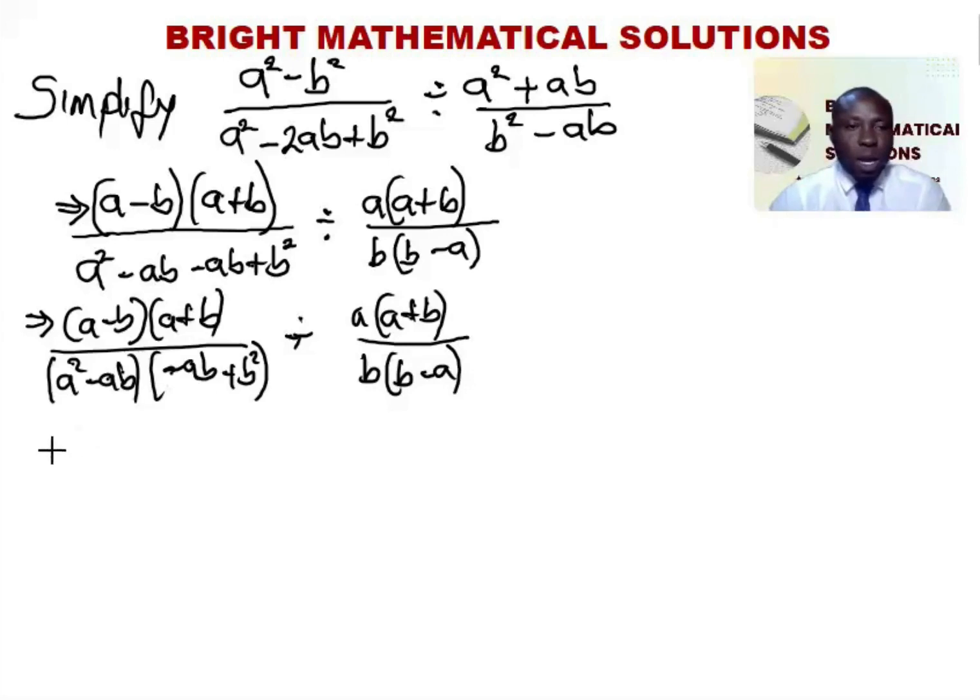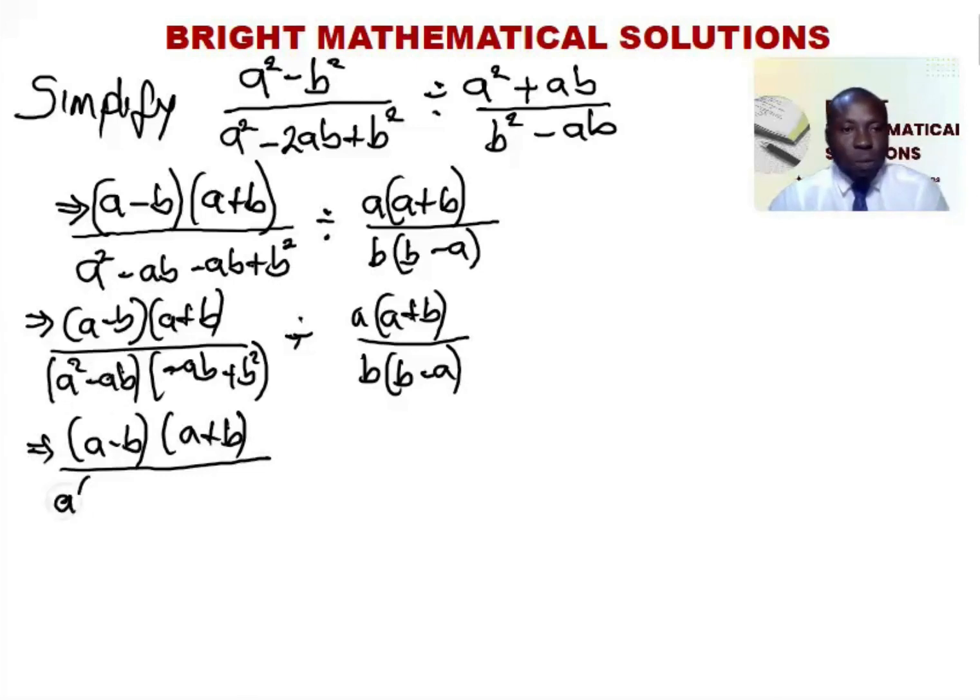Now from here, just like we have a quadratic expression, (a minus b)(a plus b) all over, a is common to this, let us factor out a, so we now have a minus b. We can factor out minus b from here as well, so we now have a minus b. So a minus b is common to the two of them.